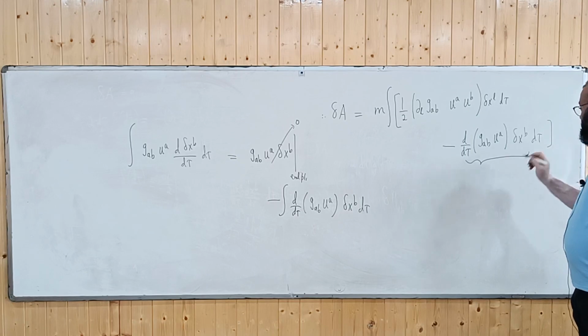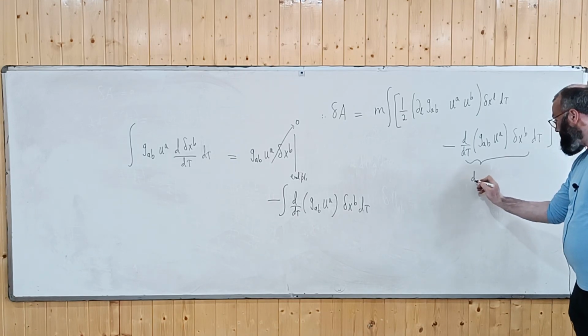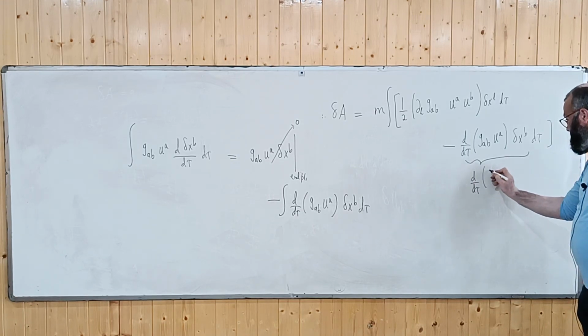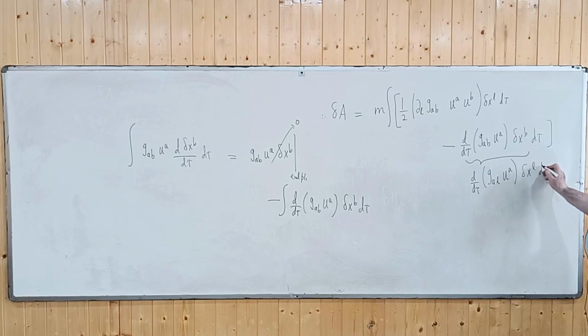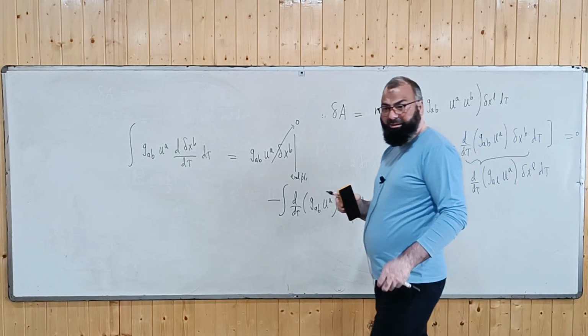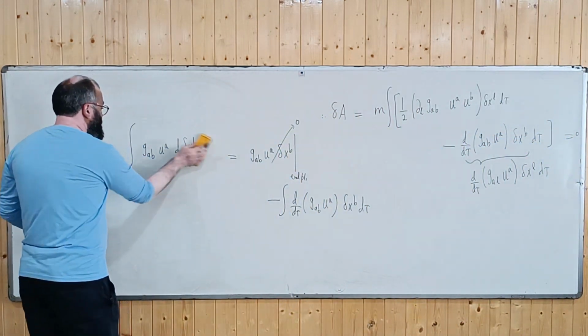So this term I can write this very term. So let me write it this way. So I can write it as d by d tau of GAL UA, okay, then delta XL beta. So you can take this out. So this has to be equal to 0. Understood? Okay.